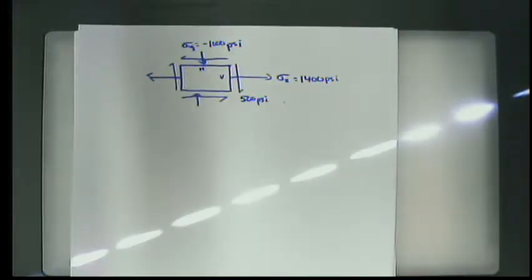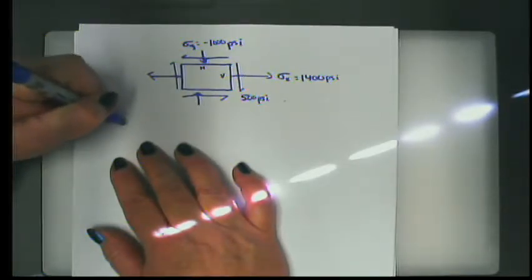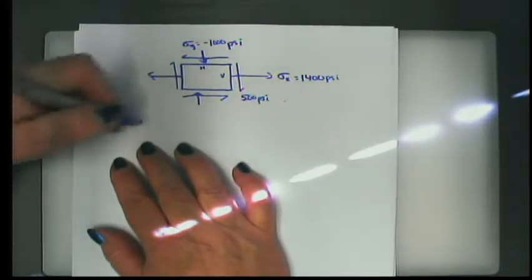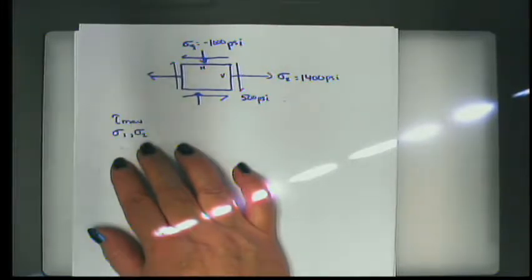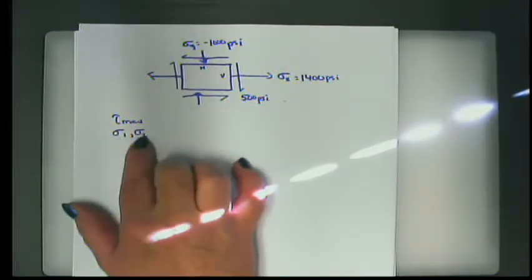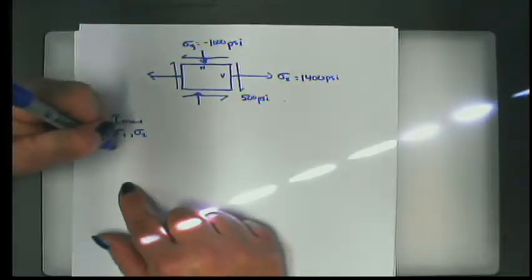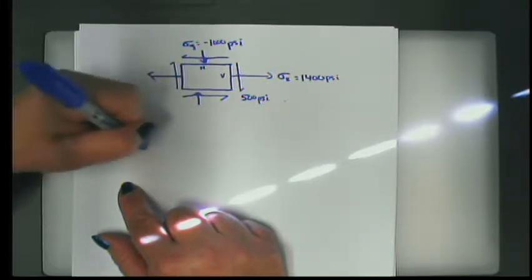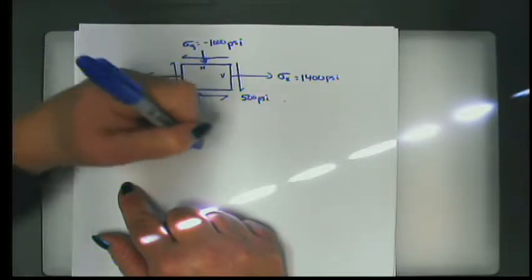All right, so I wish to find tau max. I wish to find sigma 1 and sigma 2, which are my principal stresses, in other words, the maximum value and the minimum value. And the other thing I want to do is to find the angle at which the principal stresses occur.